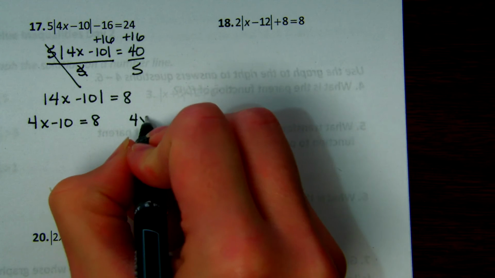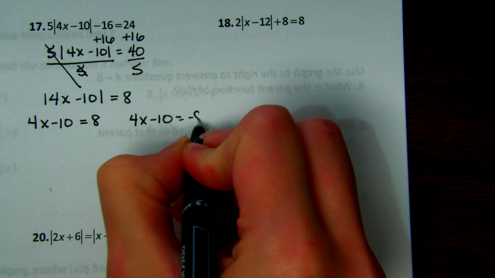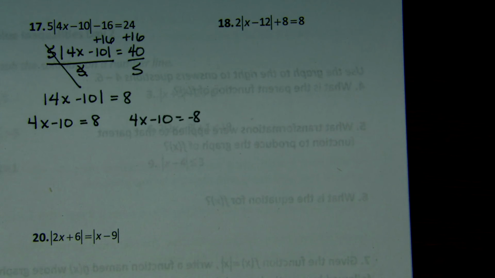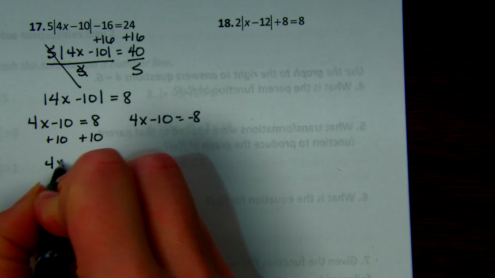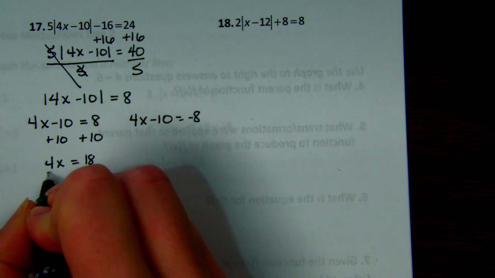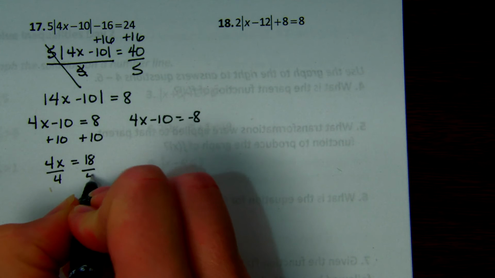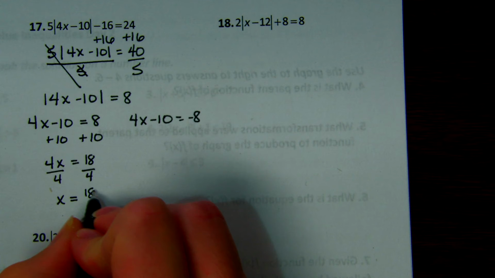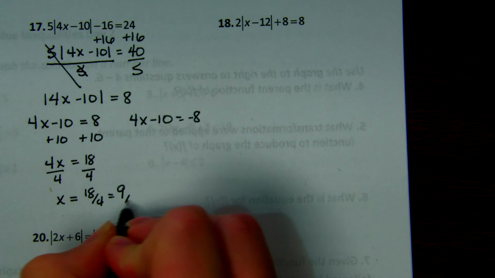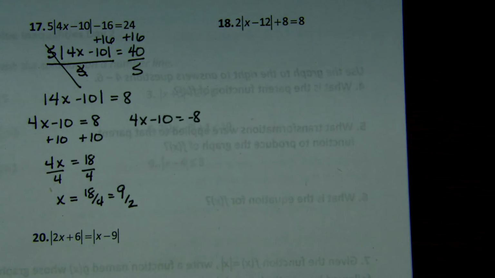So 4x minus 10 is equal to negative 8. Solve both equations. So 4x is equal to 18, divide by 4, and x is equal to 18 over 4, which is 9 halves. Don't freak out that they're fractions, it's totally fine.